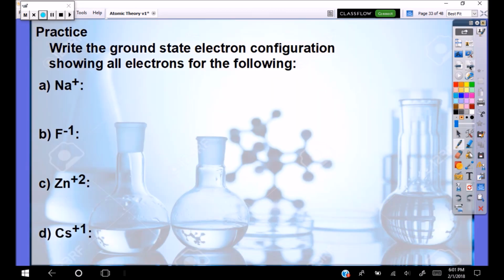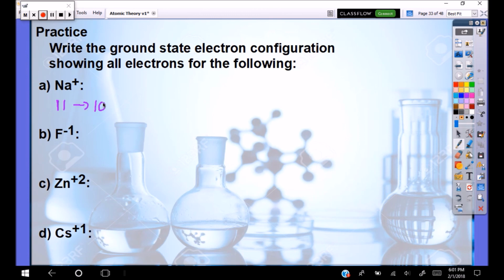All right, the last thing, we've got to look at ions. So ions, I'll do the first two with you, and then you do the last two on your own. When we look at the ground state configuration for ions, we have to remember that this is at the point that they've either gained or lost electrons. So we know that sodium typically has 11 electrons. If it becomes positive, it's lost 1 electron.